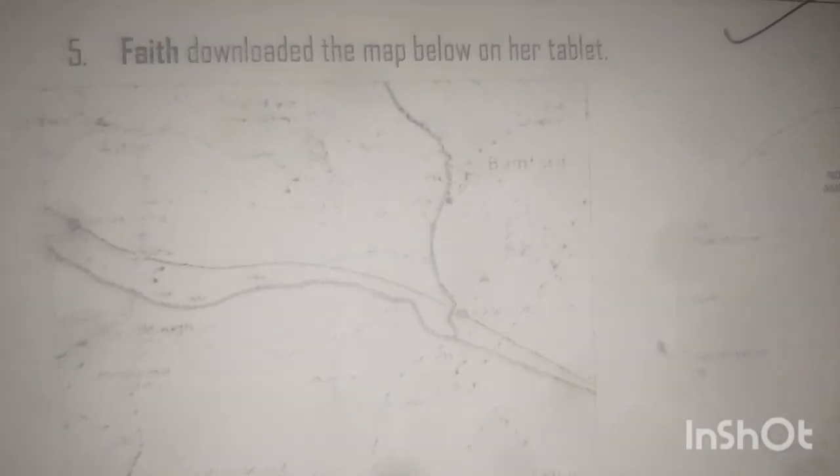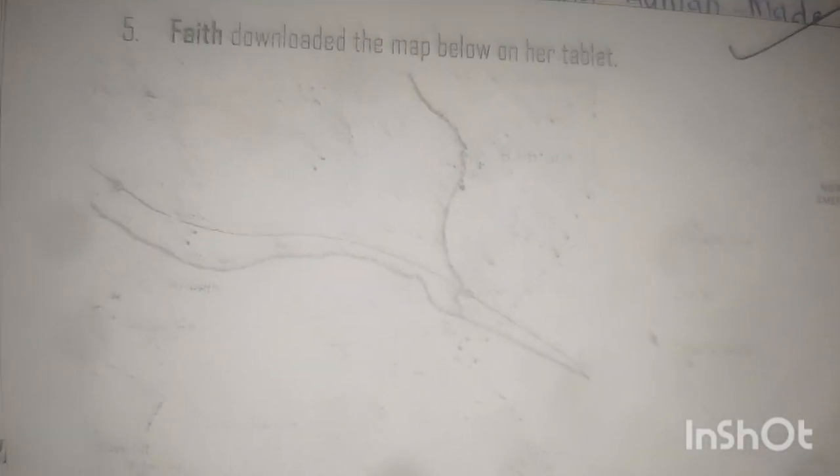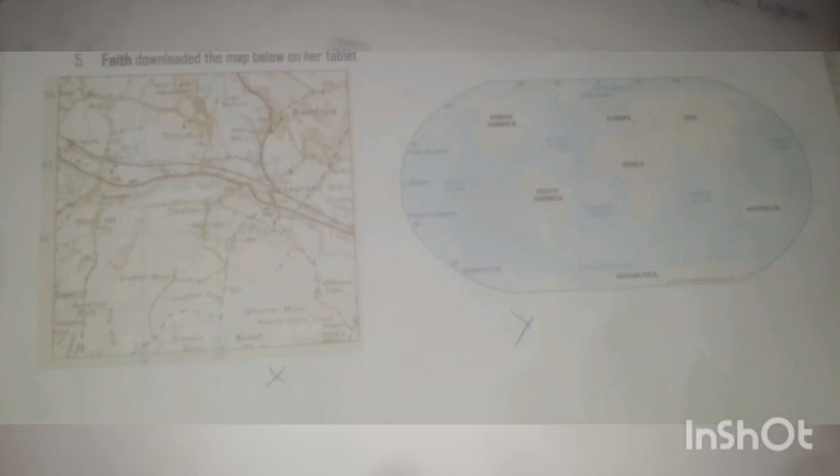Faith downloaded the map below on her tablet. So we have this one. We also have this. Name the types of maps shown below, 2 marks.